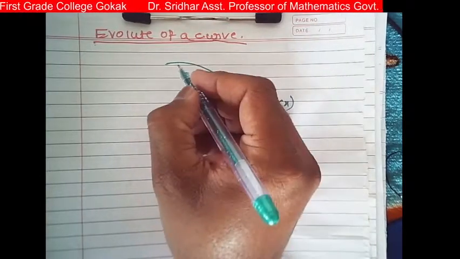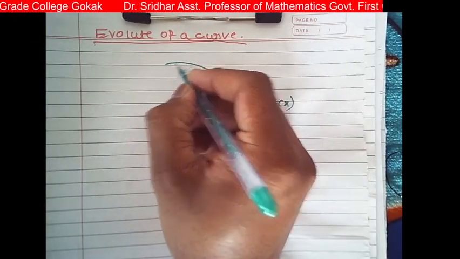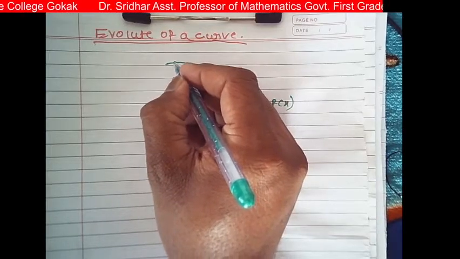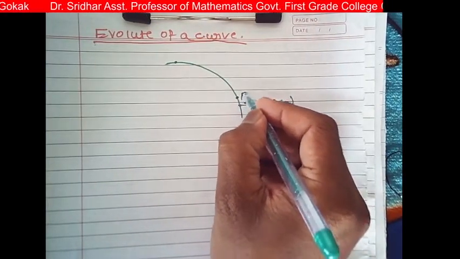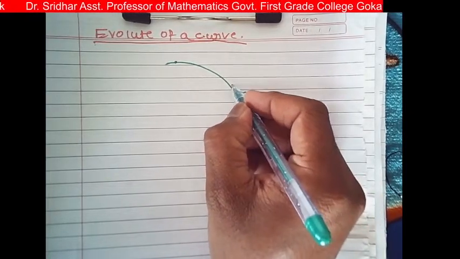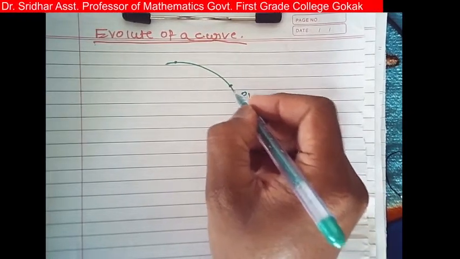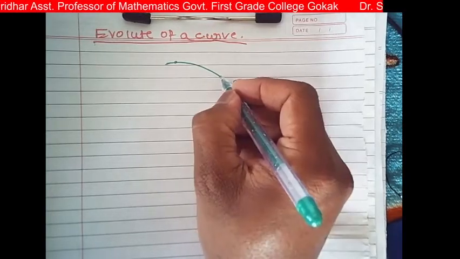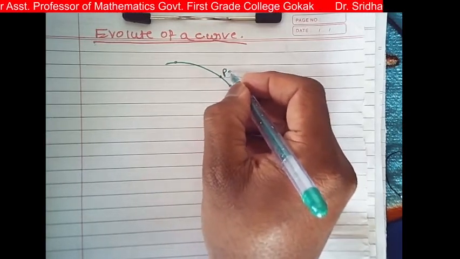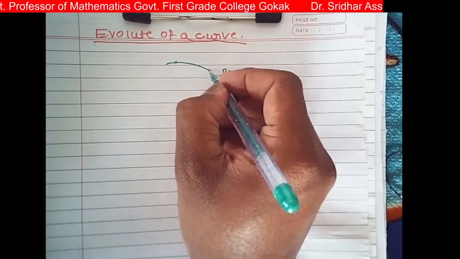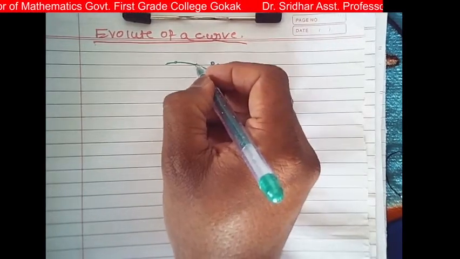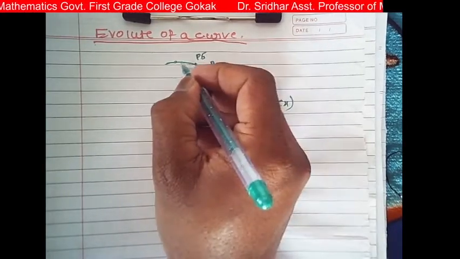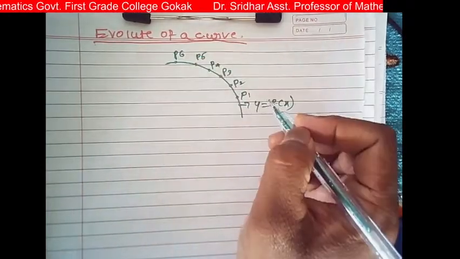Okay, so let the different positions. So say first we consider here the point, and here some point, say P1, and here also we consider the position of the point, that is P2, and here also position of the point P3, here position of the point P4, this is P5, and this is P6.